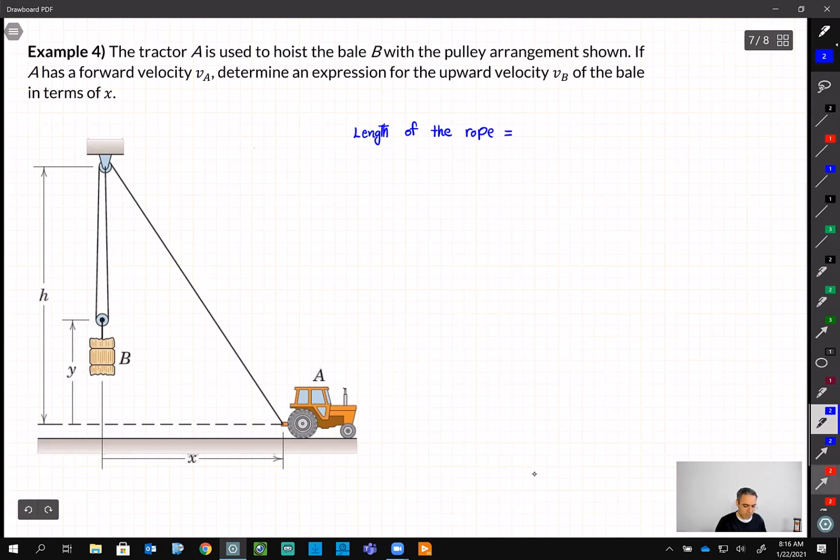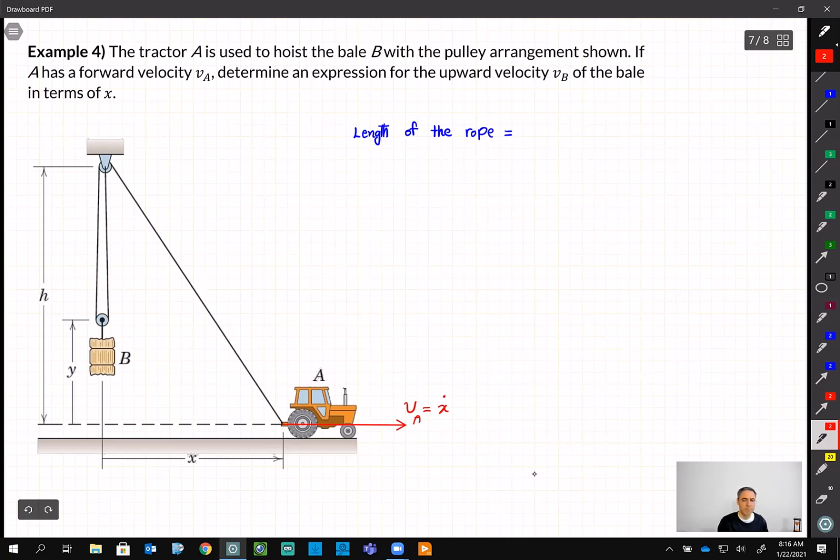It has a velocity like this point, and this velocity is equal to x dot. So this information we know.